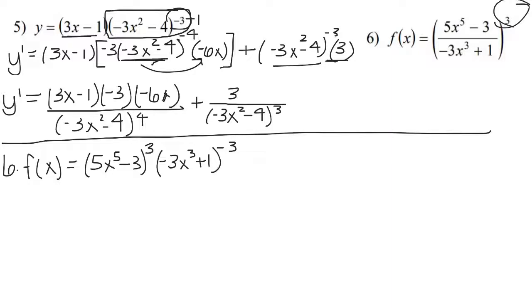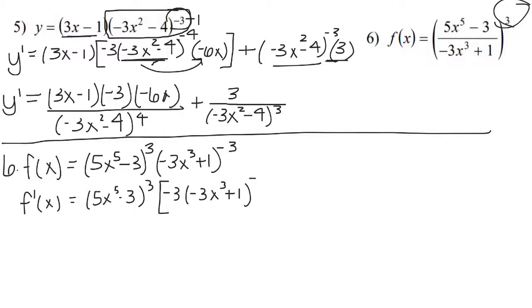All right, so we're going to have f prime of x equals, and we're going to do the first times the derivative of the second, and the second's going to be chain rule. So I'm going to have negative 3 times negative 3x cubed plus 1 to the negative 4, right?